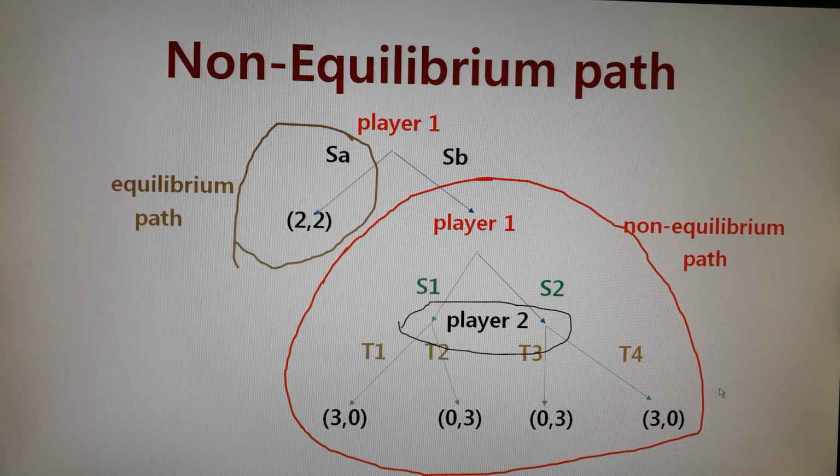Half, half, half, half. He would get an expected payoff of 1.5, because they would randomize S1 and S2 half and half, T1 and T2 half and half. As a result, this. So, even though this non-equilibrium path is not really happening, what could have happened in the non-equilibrium path is the reason why the player chooses the equilibrium path.